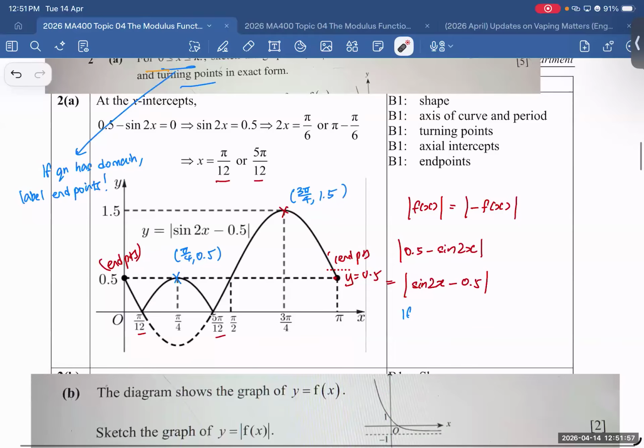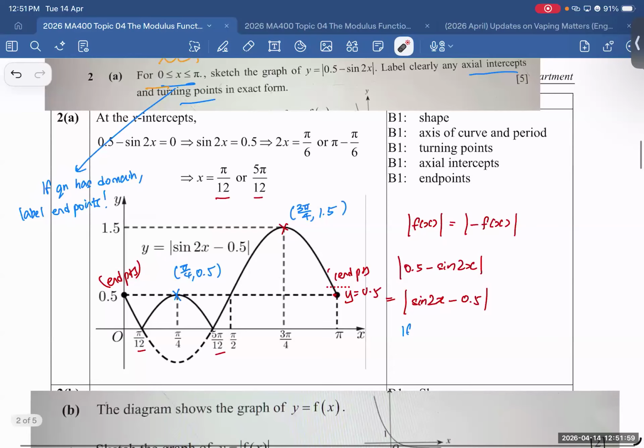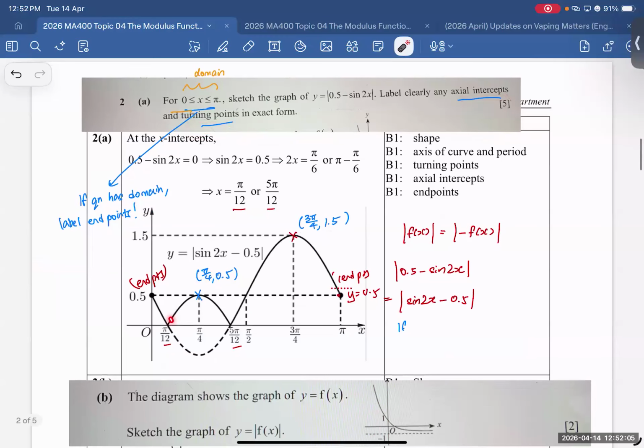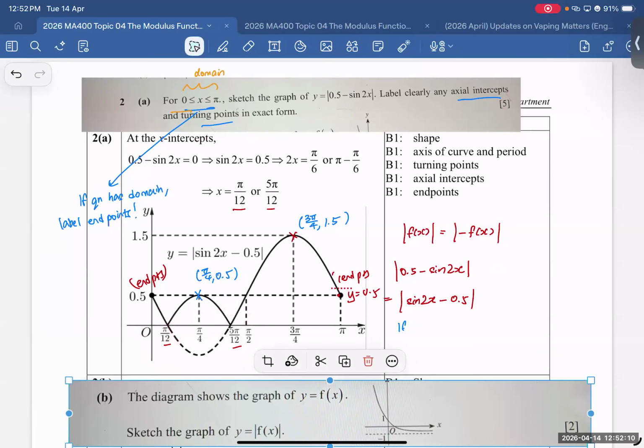After which, what else do you need to do? You need to label the x-intercepts and turning points in exact form. Meaning, you need to find out pi over 12 and pi over 12. When you draw your graph, please try to use pencil. Label your intercepts and turning points. When in doubt, you put coordinates.